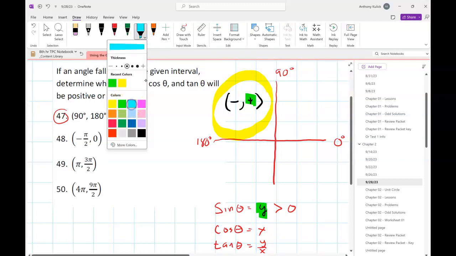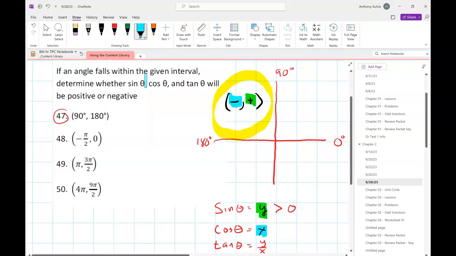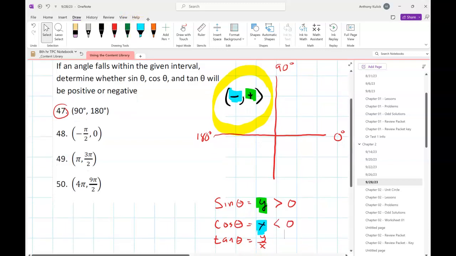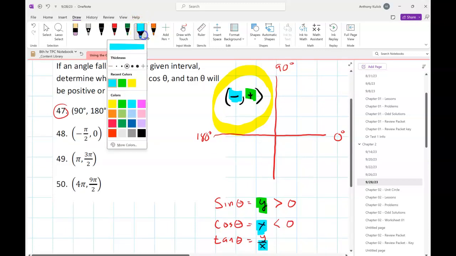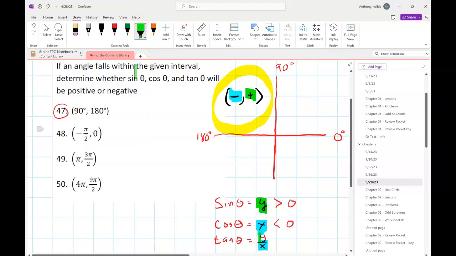Since x is negative, cosine is negative. And because tangent is y over x, it's positive over negative, which is negative. So tangent's negative. And I'm done.